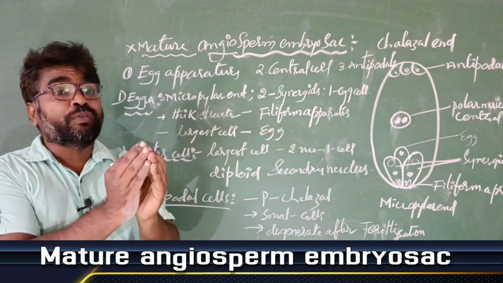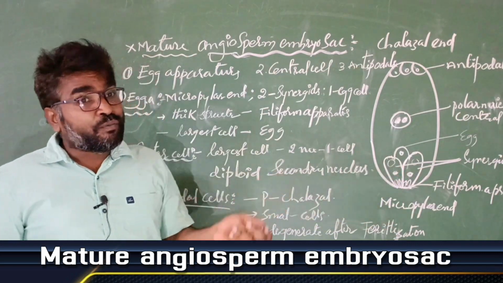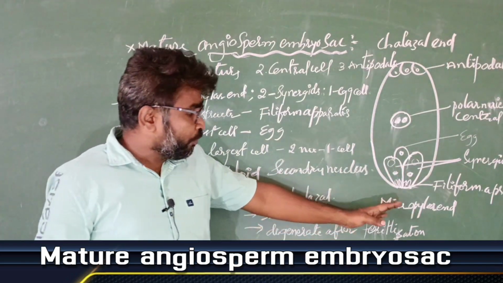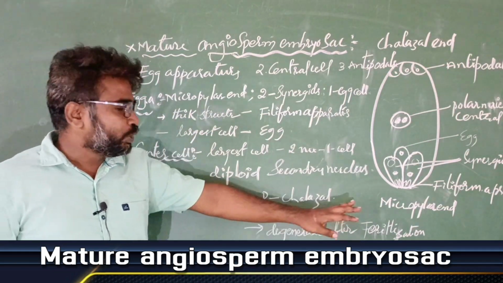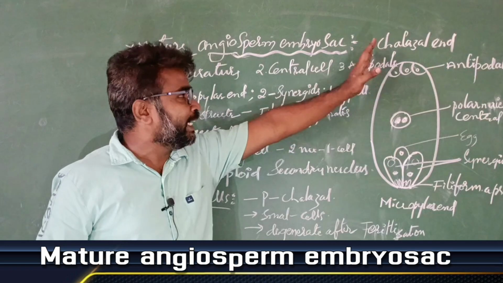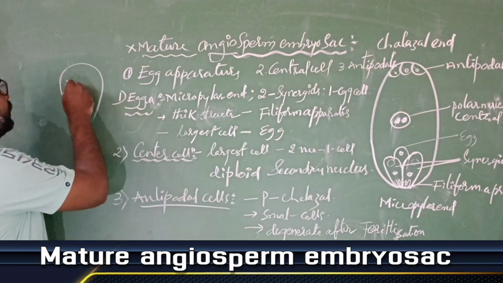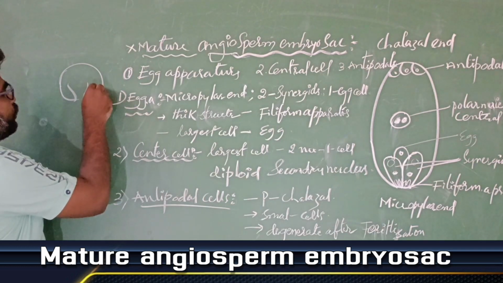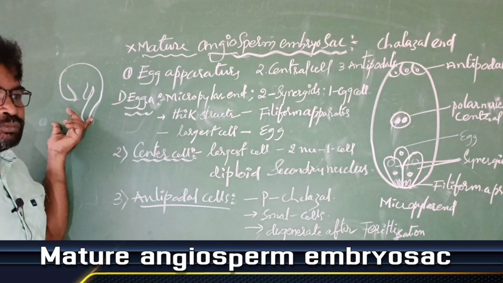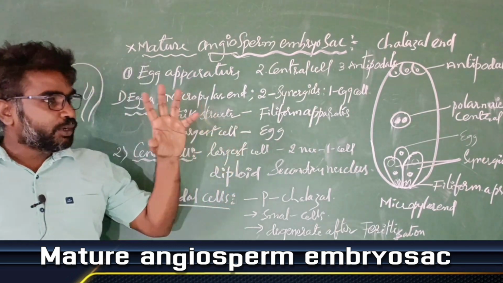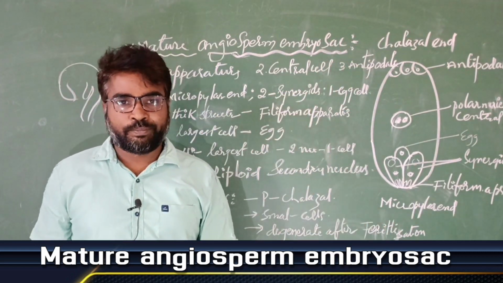Depending upon how the ovule is present, where the micropyle is present, these two regions or two ends are there. We know the structure of the ovule. Like this we can find out.